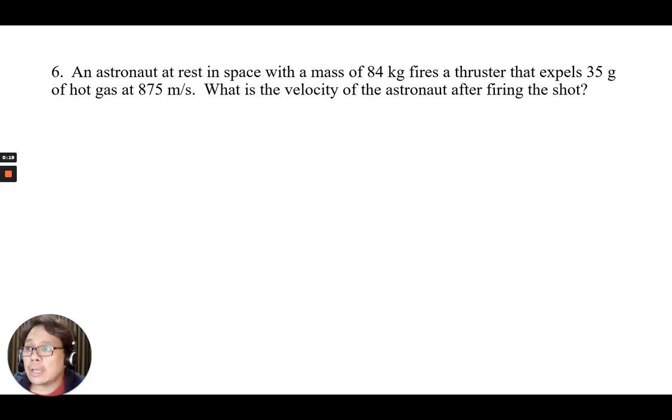An astronaut at rest in space with a mass of 84 kilograms fires a thruster that expels 35 grams of hot gas at 875 meters per second. Okay, so let us imagine that this is the astronaut holding a thruster.